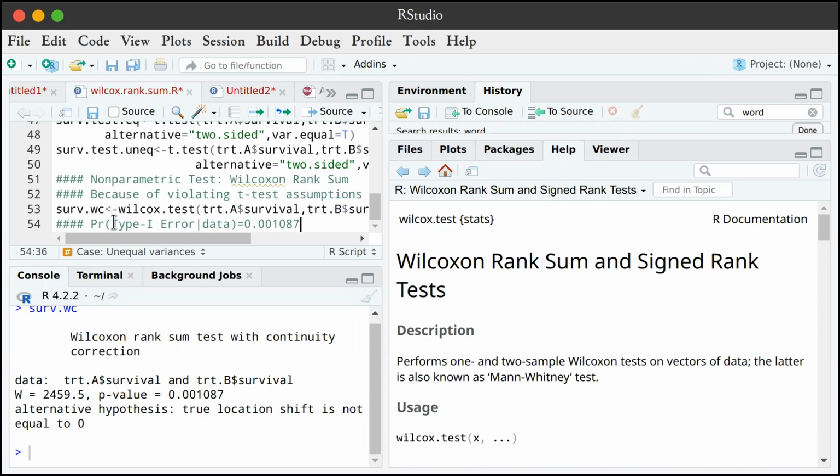No, that's 1 in 1,000, relatively small. But what was our initial standard when we started this? We were comfortable with a 5% error, right? As long as the probability of type 1 error is less than or equal to 0.05, I can comfortably reject. I'm getting a number way smaller than that.